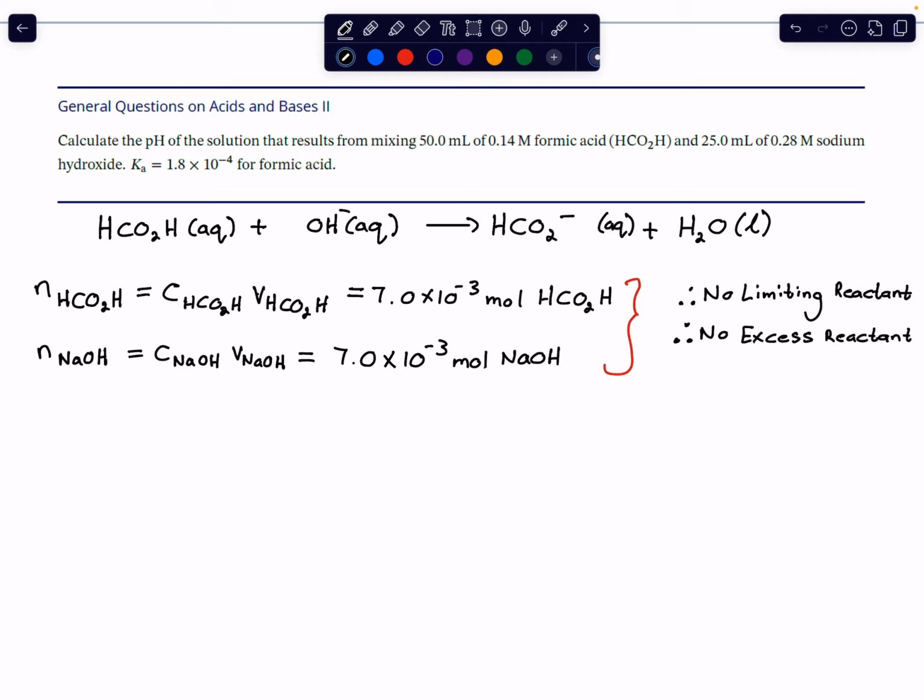Because both of our reactants are consumed, the pH must be dictated by the product.